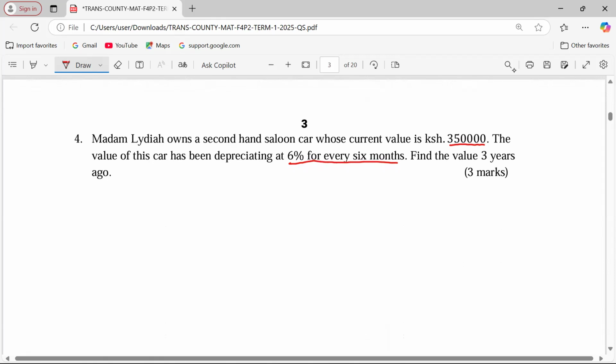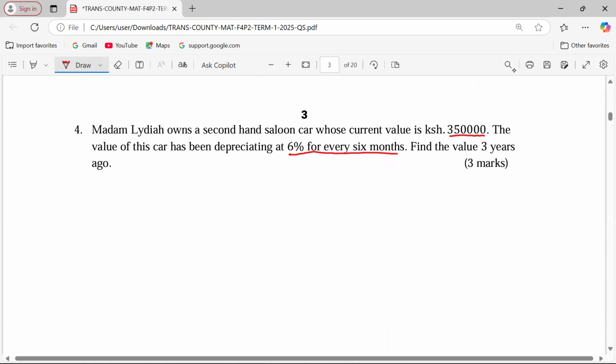This is commercial arithmetic, and we are talking about depreciation. Now, in depreciation, we're supposed to know that the new value is given by the principal, which is the original value, times 1 minus the rate of depreciation as a percentage of 100, raised to n, the number of periods of depreciation.